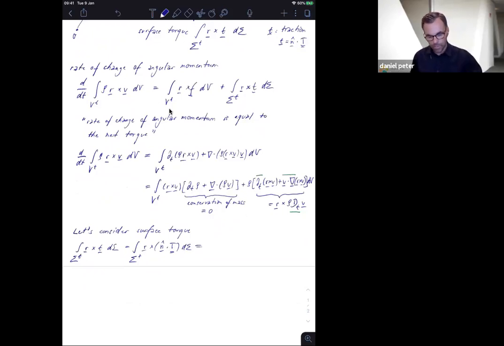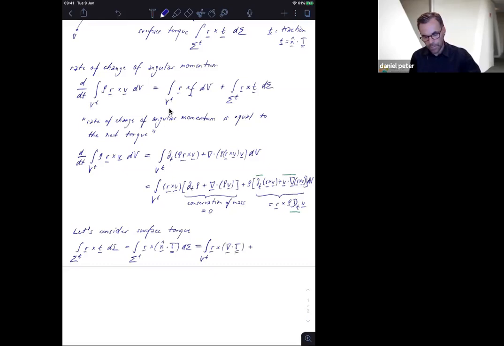So what we have is a volume integral of r cross product with the divergence of the stress tensor, plus additional terms which arise due to taking the cross product of these two vectors.